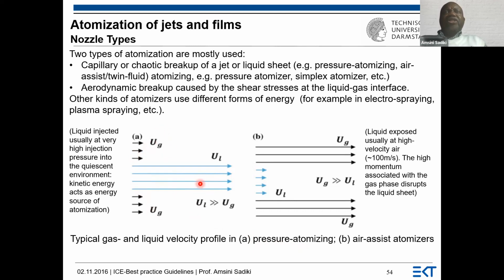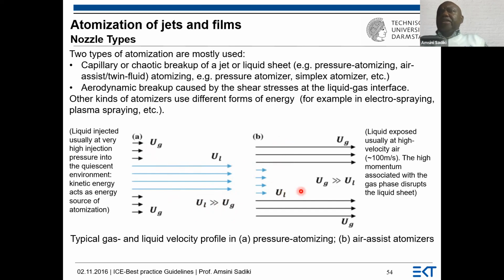So the kinetic energy acts as energy source of atomization because we have here a very strong interaction between the interface of this and the gas phase, which is almost in a quiescent state. So the velocity of the liquid is very high compared to this. This creates here an interaction, so a shear flow, which is very high.